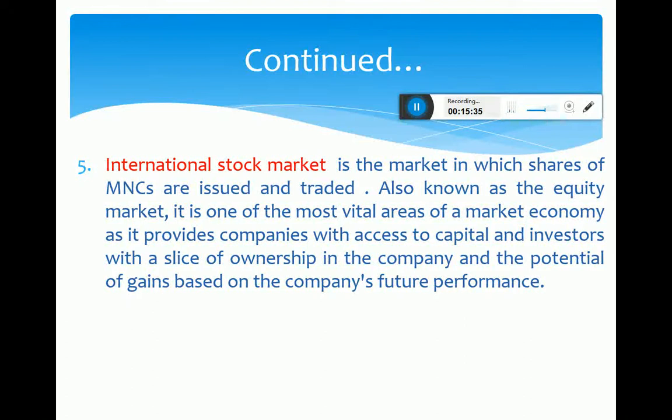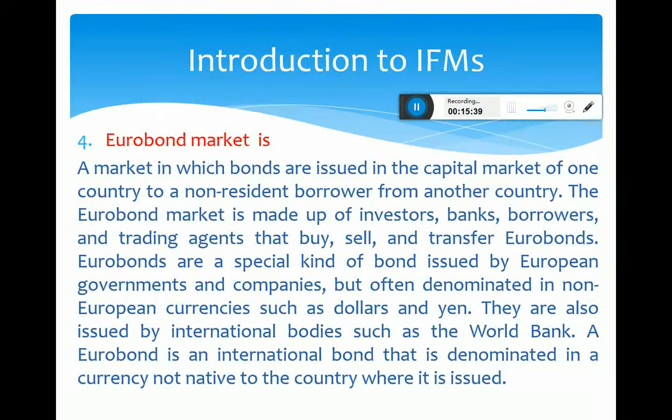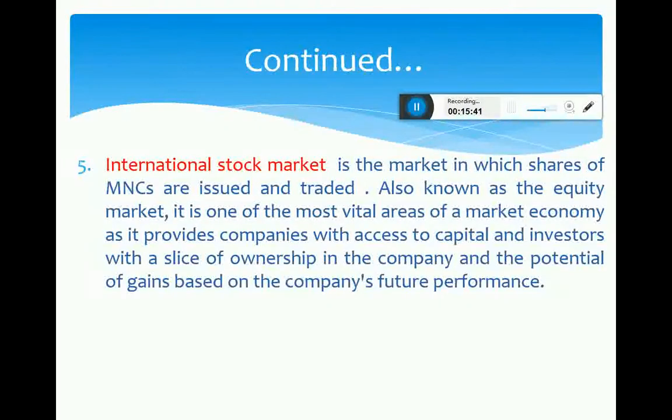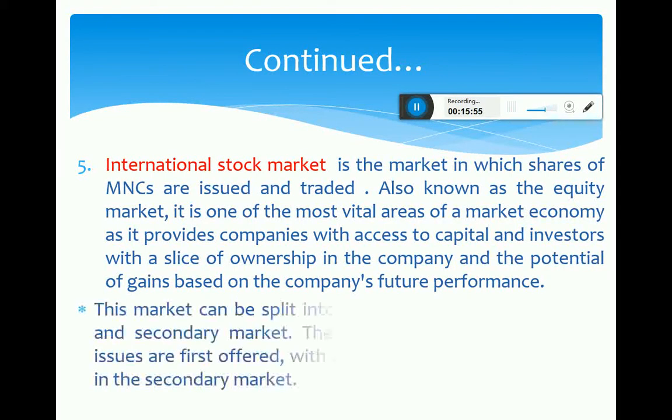Next, we have the international stock market. From the name you can see it is the stock market. Before, we had the international bond market or euro bond market. Now we have the international stock market. In the international stock market, stocks are traded or issued by the investors and participants. This is the market where shares of multinational corporations are issued and traded.